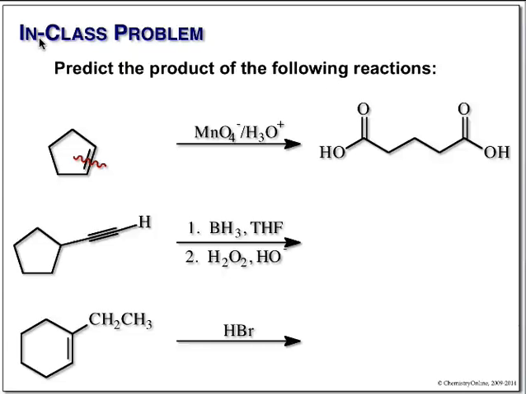So we're going to put a hydroxyl group on this carbon. This is the anti-Markovnikov carbon. That hydroxyl group is going to spontaneously rearrange from the enol to a carbonyl. Now, because we're bonded to a hydrogen here, this is going to be an aldehyde.